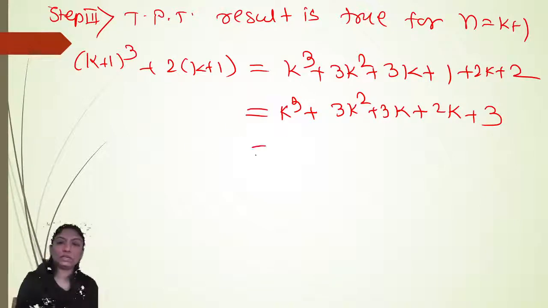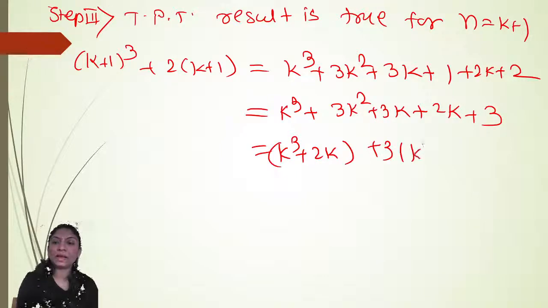So we can write k cube plus 2k plus 3 into bracket k square plus k plus 1, right?